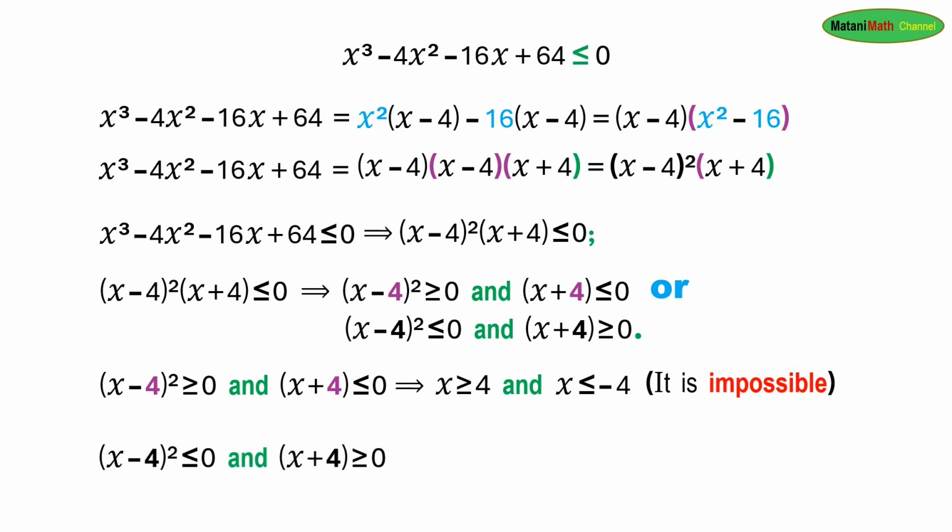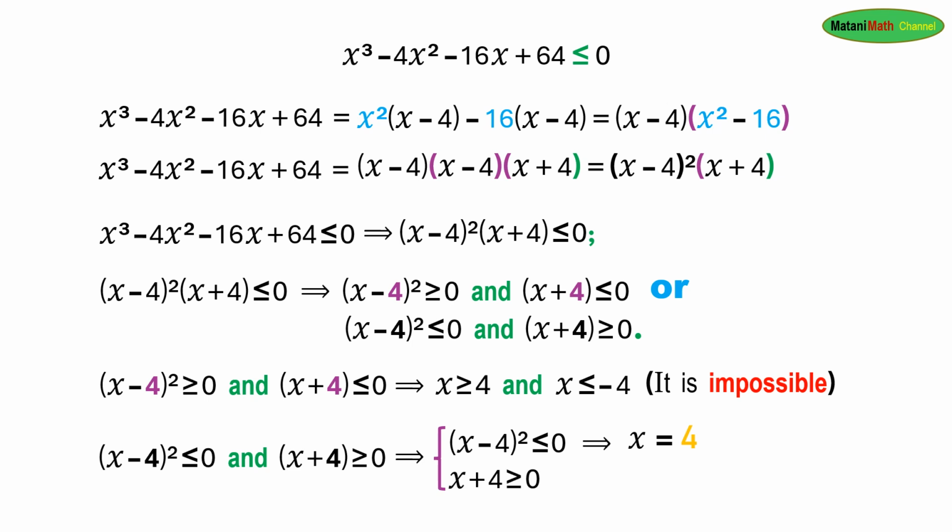If the square of x minus 4 less than or equal to 0 and x plus 4 greater than or equal to 0, then the first, if the square of x minus 4 less than or equal to 0, the only solution is x equal to 4.